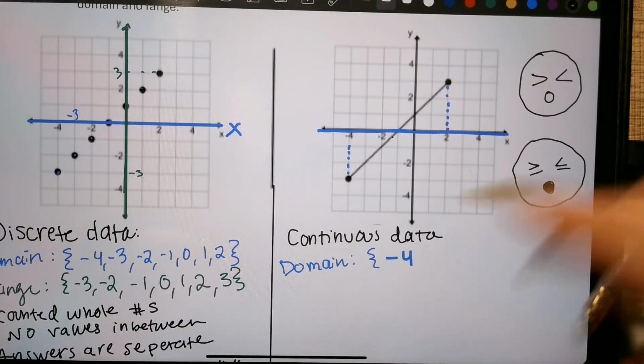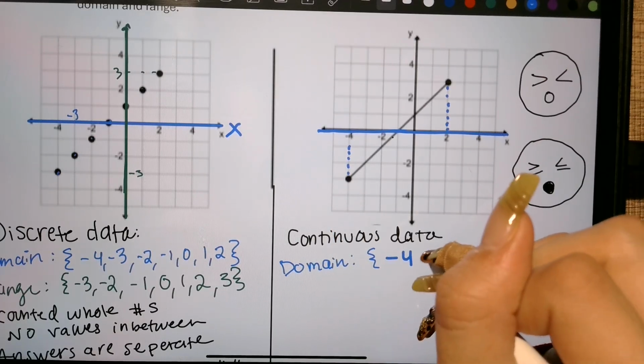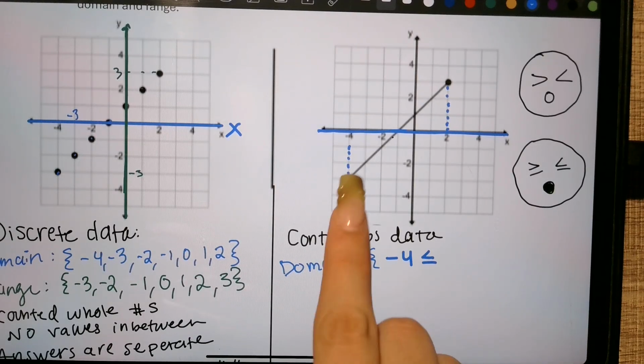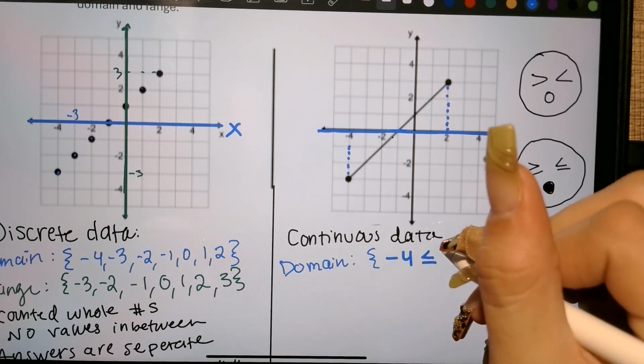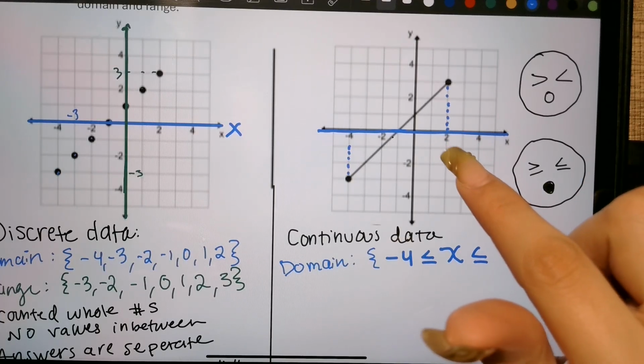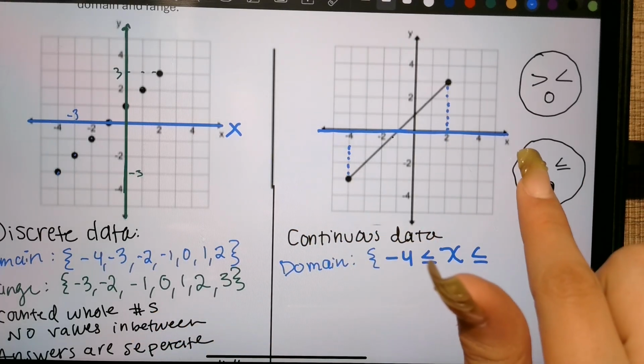It's a closed circle. So we're going to do this, less than or equal to, all the way to 2. And we're going to put an x in between because this is the x-axis, okay?